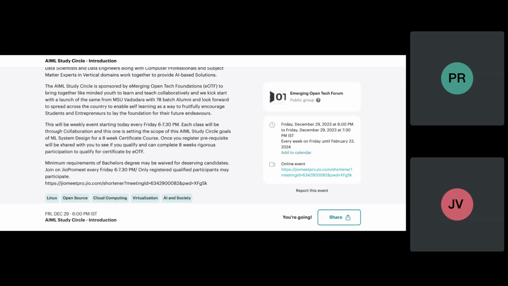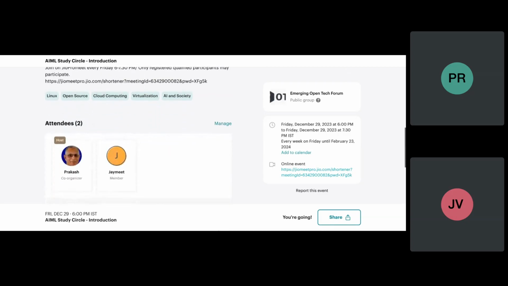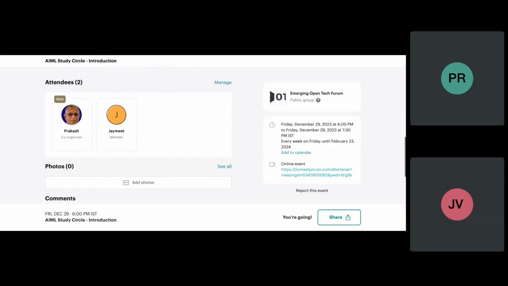I wanted to ensure that we have proper course detail, and this study circle will evolve. We have not fixed any course. We have the link to connect every Friday, 6 to 7:30 p.m., and we will discuss ML system design over 8 weeks. Those who go through the records, attend and give some exam will be awarded the certificate.